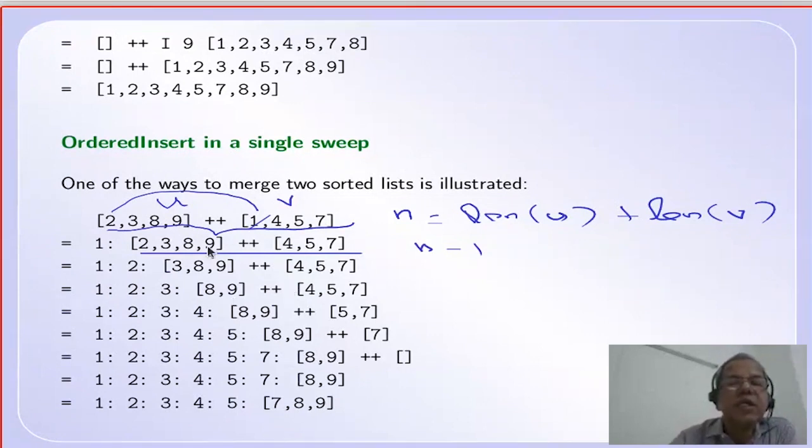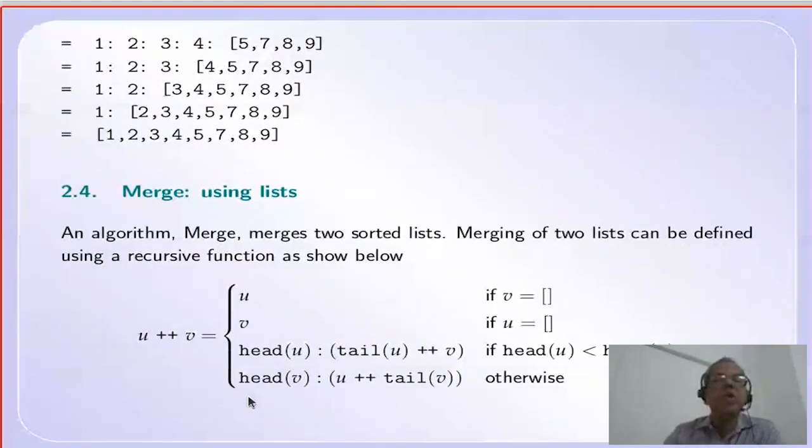If we trace the process, compare 2 and 4, which is smaller? 2 is smaller, therefore 2 will become the head of the new merged list. Remove that, we have reduced the problem to merging 3, 8, 9 with 4, 5, 7. Complete the trace and you will get something like this. So we have the design idea.